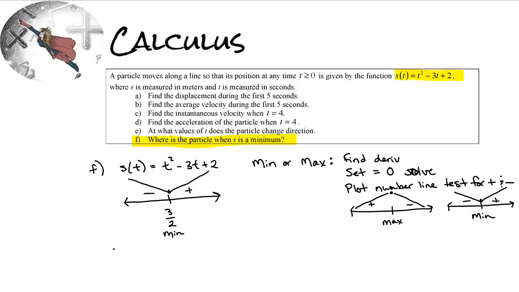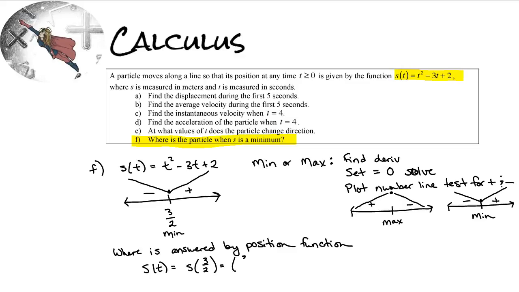Well, the where is answered by the position function, because position is where we are or where something is located. So what we're going to do is take the S of t equation and we're going to plug in S of 3/2.